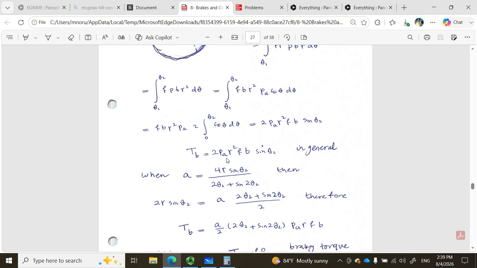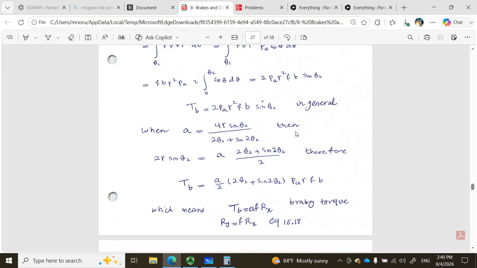2 times PA R squared F B sine of theta 2. Again, P is maximum pressure, R is the radius of the drum, F is the coefficient of friction, B is the width or depth of the shoes, theta 2 is the angle. If your brake is designed in a way that A equals this, in other words there is no friction moment, then this equation simplifies.